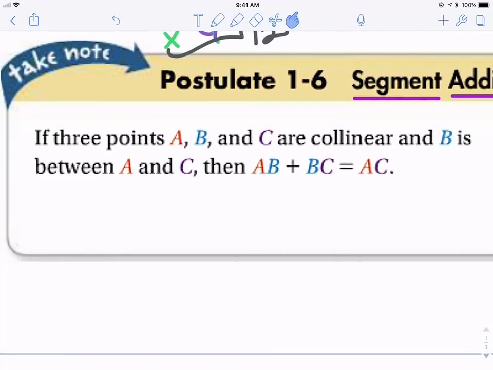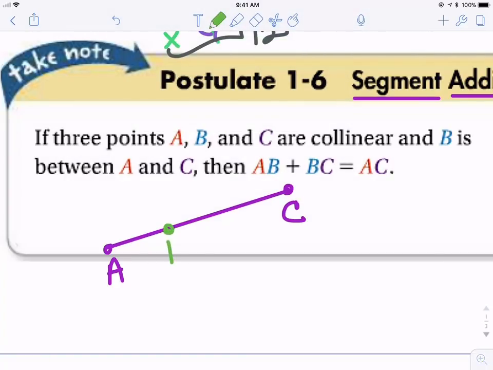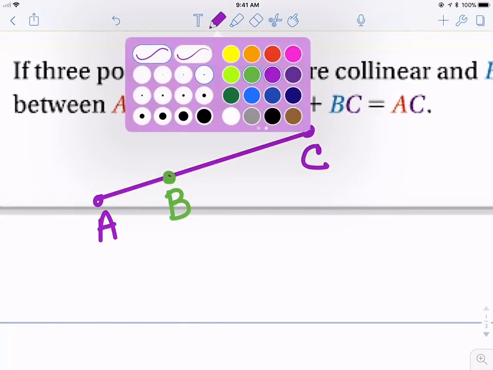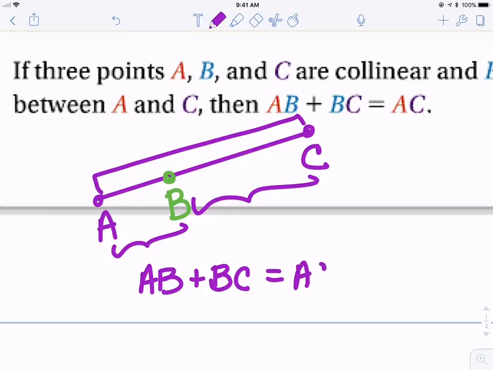Okay, so it says, suppose that 3 points A, B, and C are collinear. Okay, so we have a segment that has A, B, and C on it, but it says B is between A and C. So our endpoints would be A and C, and B is somewhere on that segment. I don't really know where it is, it's just somewhere on the segment. Okay, the segment addition postulate says that the distance from A to B plus the distance from B to C is equal to the length of the whole segment, which is AC.